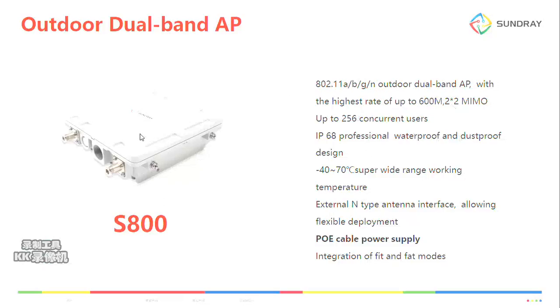This one also does not have a built-in antenna and only supports external antennas. For external antennas, we have to use accessories like lightning arresters for the antenna and for the net ports, and also the cables connecting the access point and the antenna.